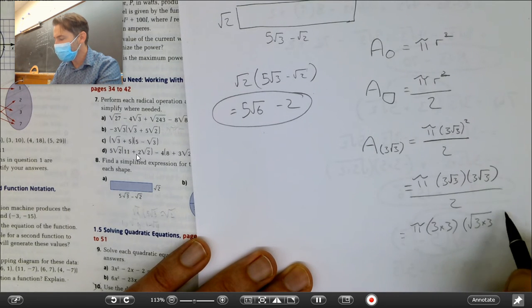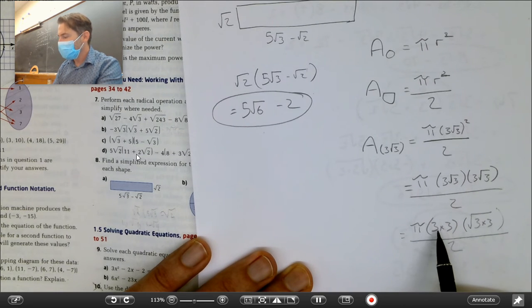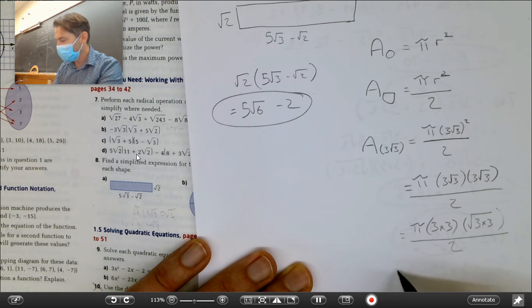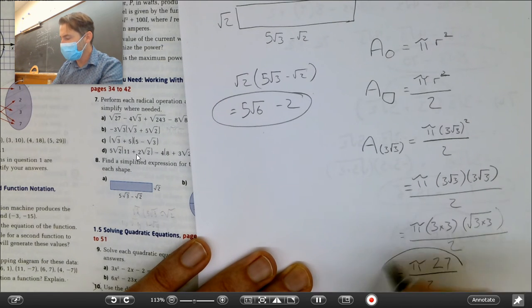That's that times that. All divided by 2. This is 9. This is 3. 3 times 3 root 3. This is the root 9. So root 9 is 3. So this is 3 times 3 times 3. This is equal to pi times 27, all divided by 2. And that's done, final answer.